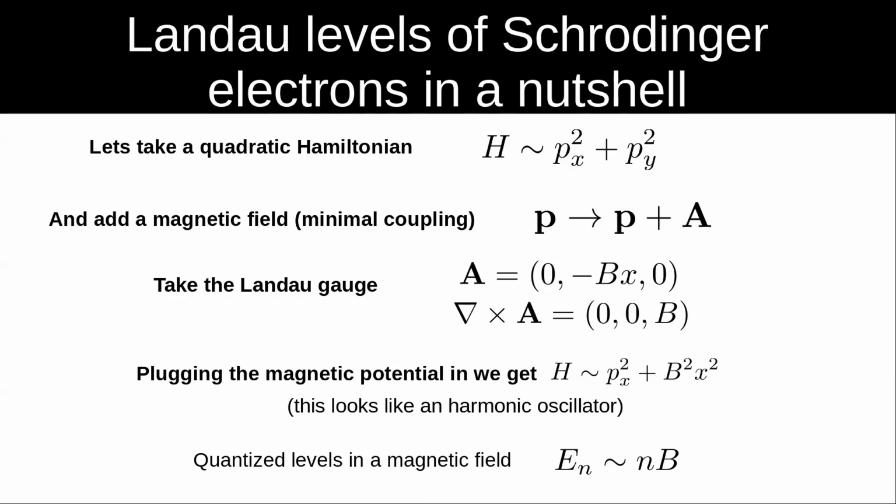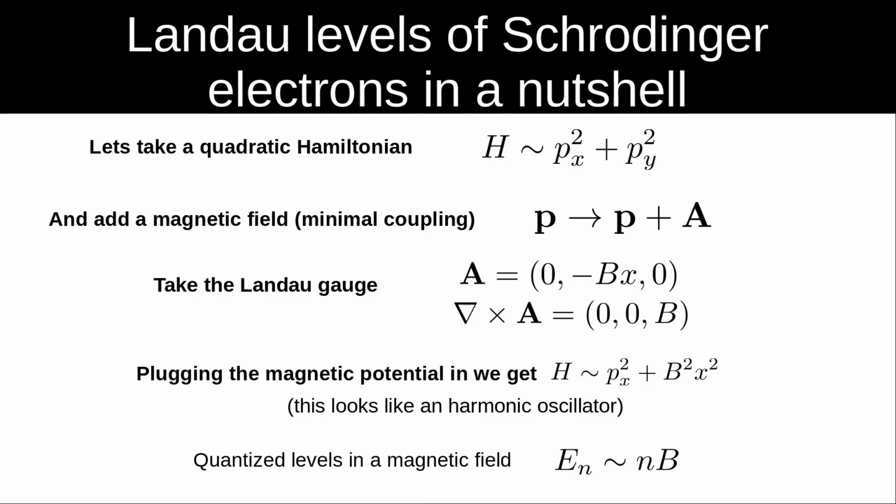It is just the very same Hamiltonian as the quantum harmonic oscillator. And then you can solve this Hamiltonian just using the very same tricks as for the harmonic oscillator. So you can define your ladder operators, for example. And when you do that, you see that the energy is essentially proportional to an integer times the frequency. And you effectively get that the energy of the Landau level is n times B.